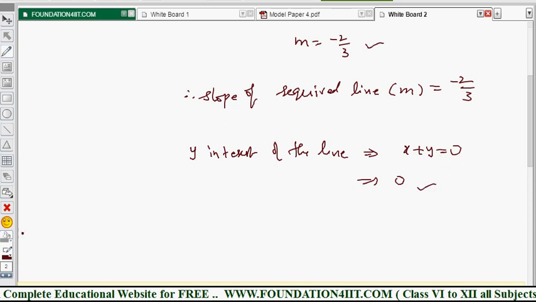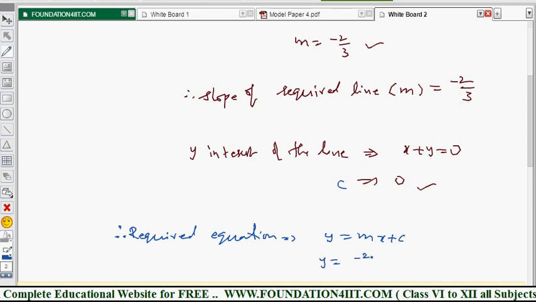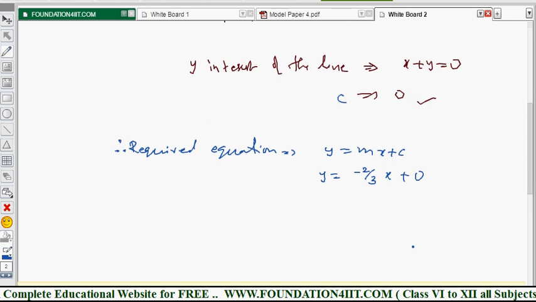We'll apply both. If you know the y-intercept and slope, then the required equation is y is equal to mx plus c. Here c is equal to 0. Then y is equal to minus 2 by 3 x plus 0, that is y is equal to minus 2x by 3.